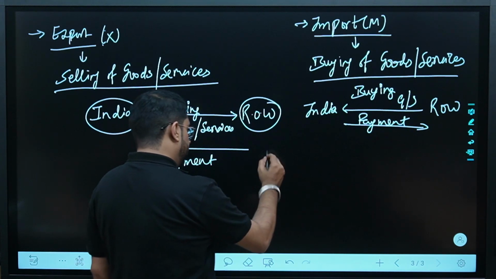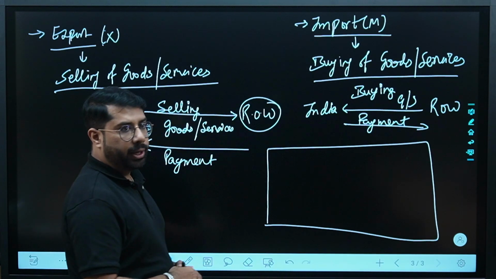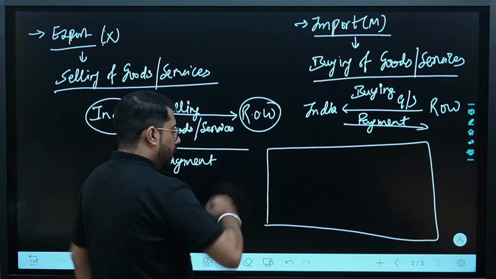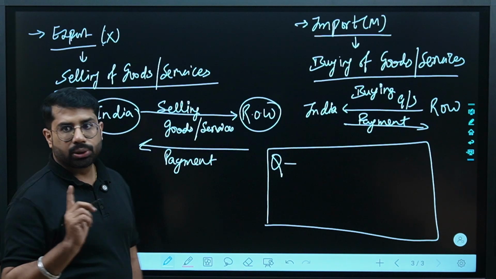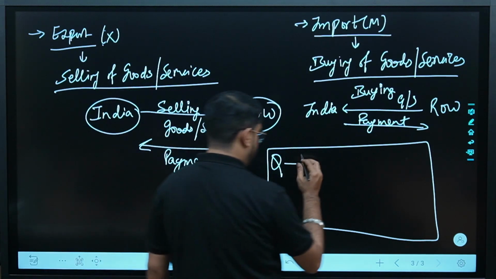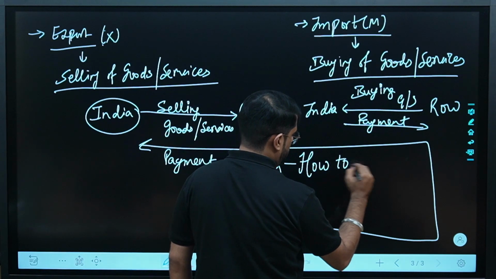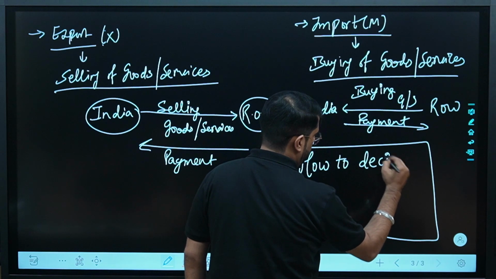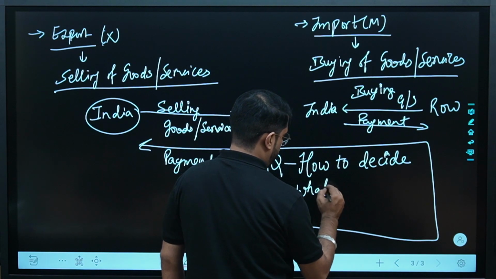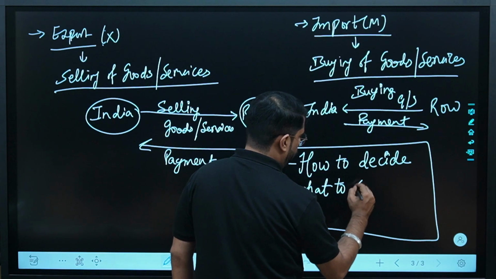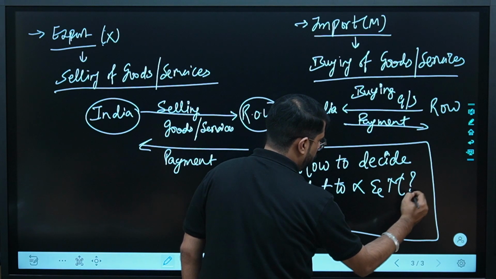In this particular unit number 1, what are we going to study? There is a very important question which has to be answered. Like, how to decide what to export and what to import?